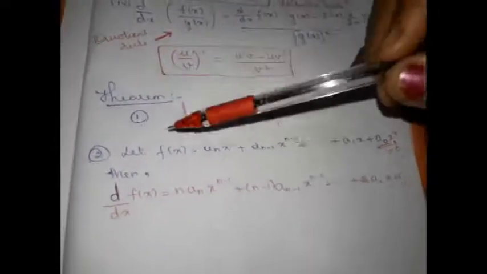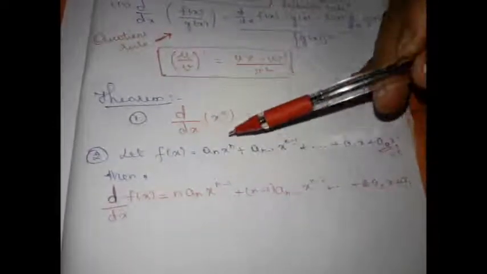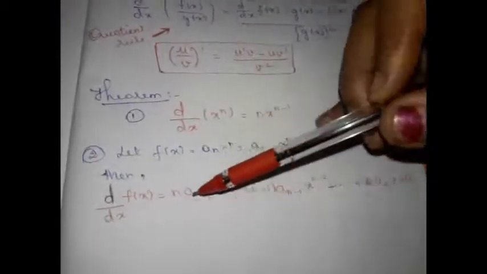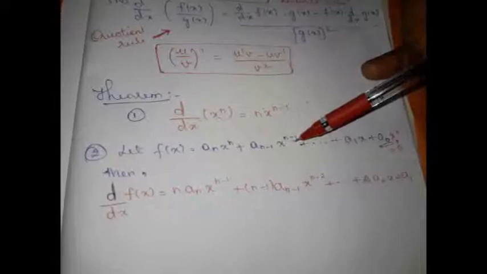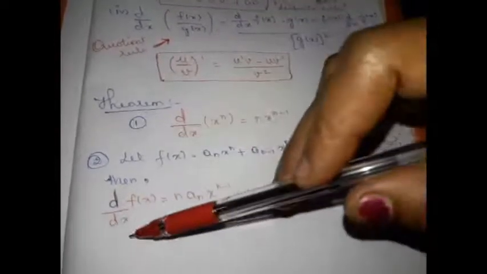So the derivative of the polynomial is n a_n x^(n-1) plus (n-1) a_(n-1) x^(n-2) plus etc. plus 2 a_2 x plus a_1.